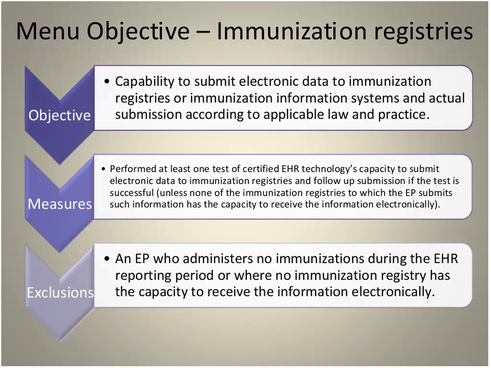So again, the measure, very similar to the exchange of clinical information, is that there has to be at least one test of the certified EHR's capacity to submit electronic data to an immunization registry. If it's a successful test, then they have to actually submit the data.